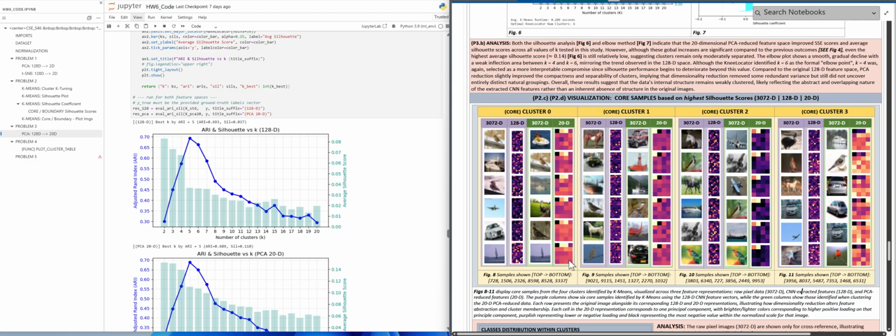But once you get over to the 20D and compare, you find maybe a little more relatability between the images, though it still remains fairly scrambled. However, when you look at the heat map of the principal components, you can see very clear patterns emerging.